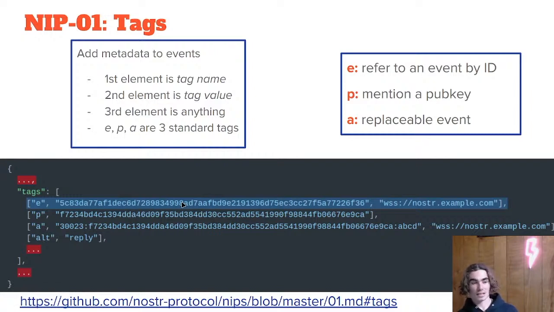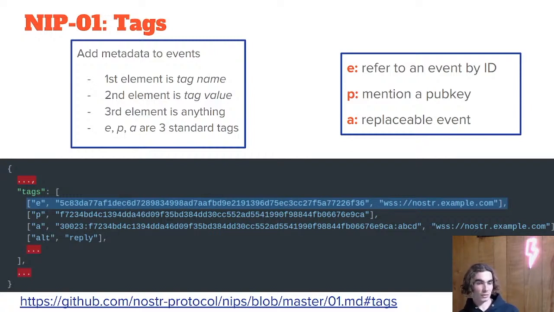But if you say, hey relay, I want an event with a tag that says zap of a certain value, then the relay may not necessarily be keeping track of that in an easy-to-get fashion, so it might just not respond with anything. The second element in a tag is the tag's value, and the third element could be anything. Usually each tag has a different standard that it follows.